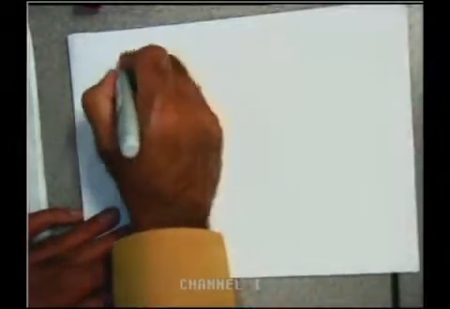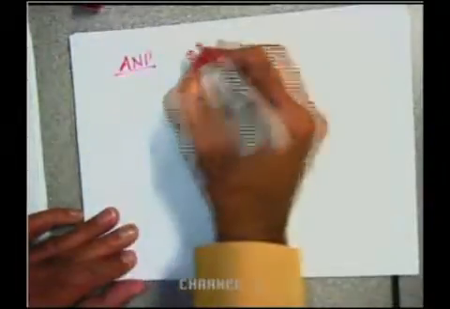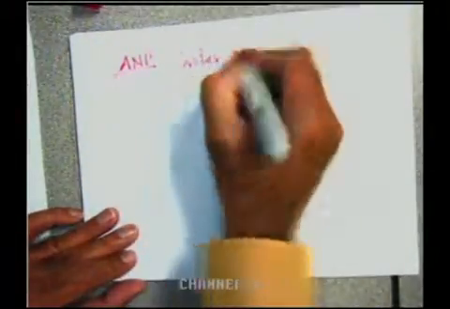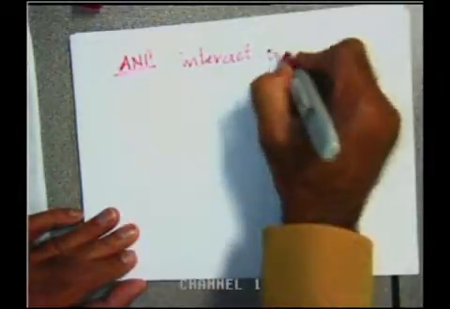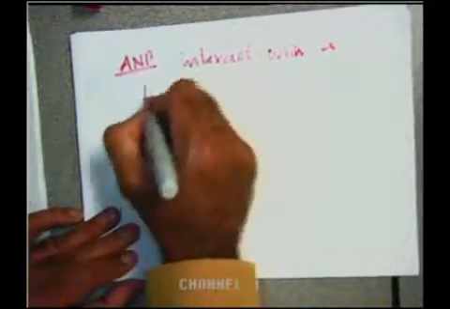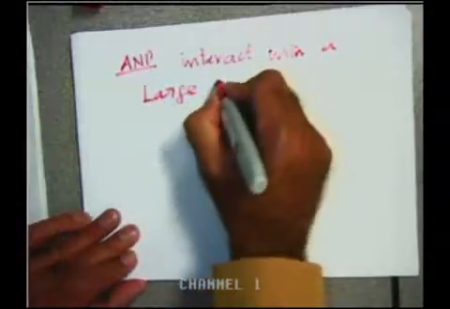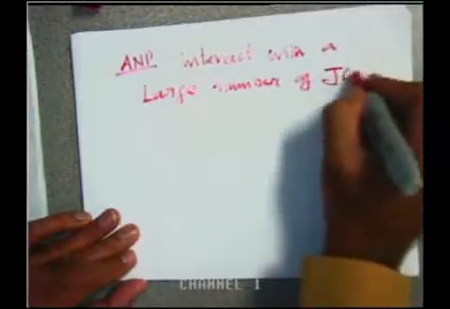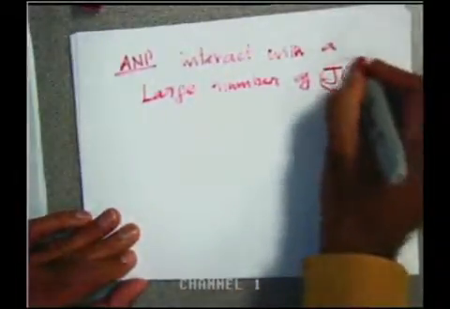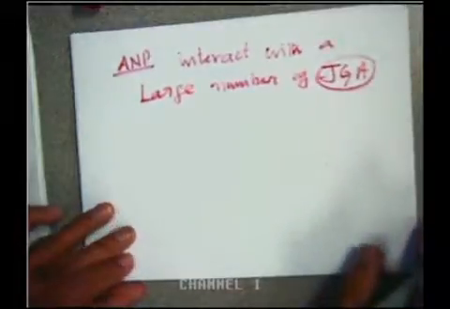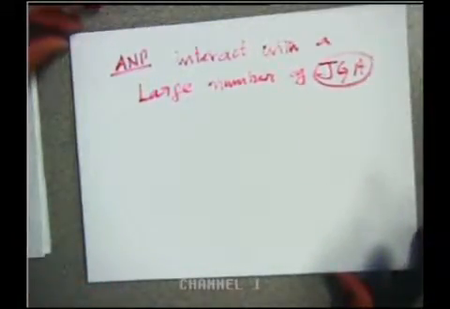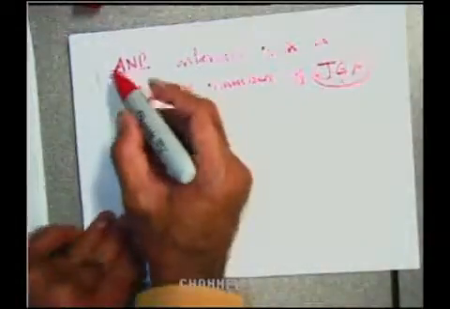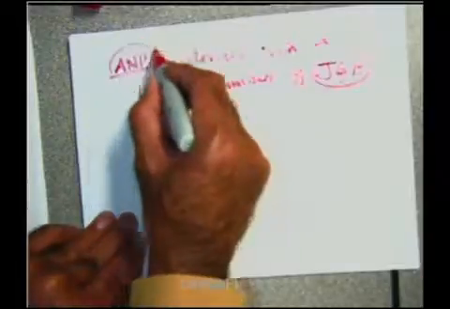So this ANP will now interact with a large number of JGA. You know about JGA function? Previously, just now we discussed it. So the heart cell releases the ANP, atrial natriuretic peptide.